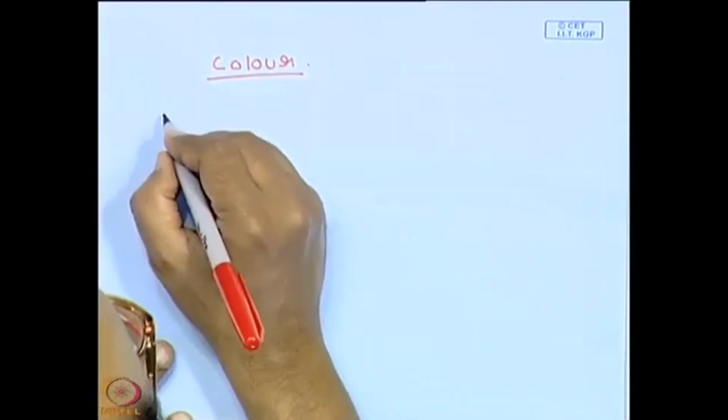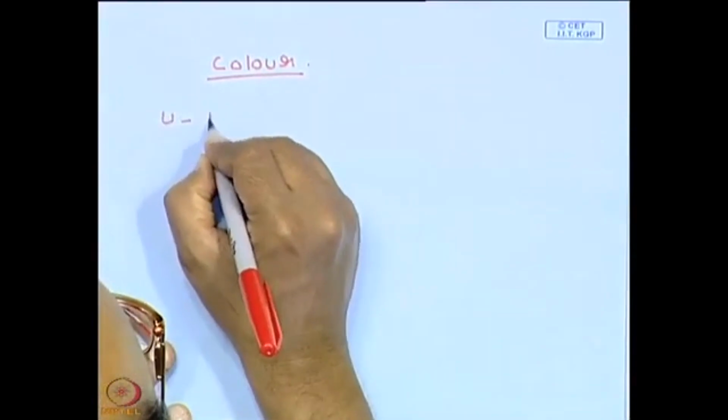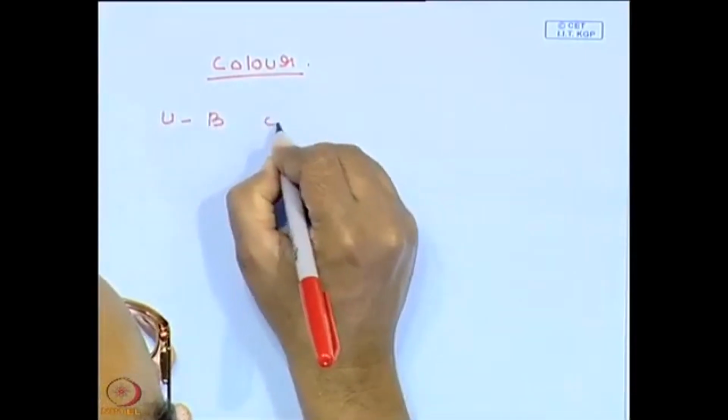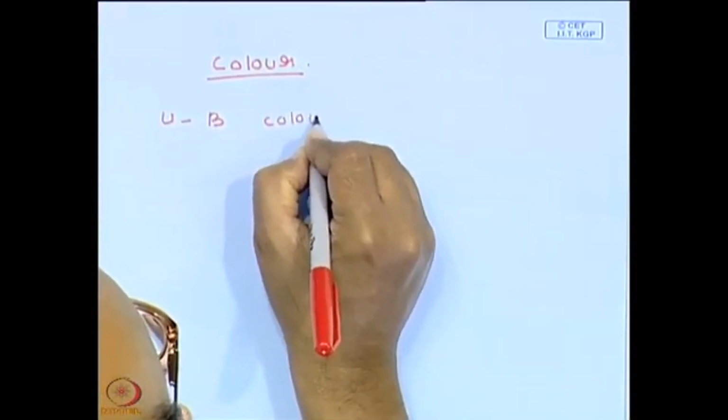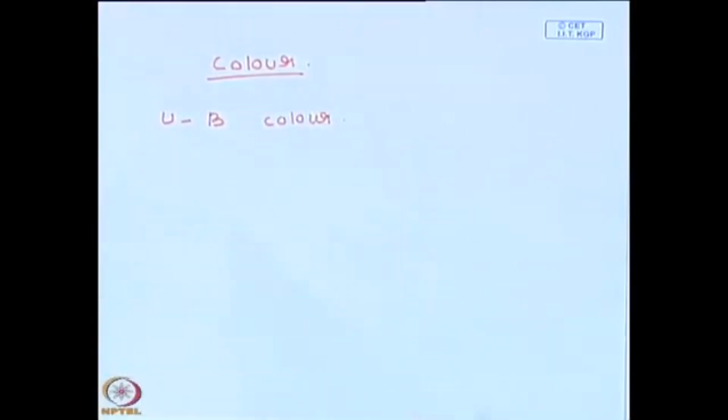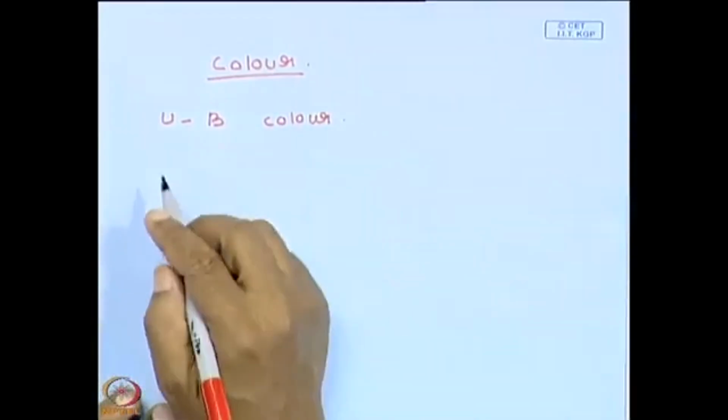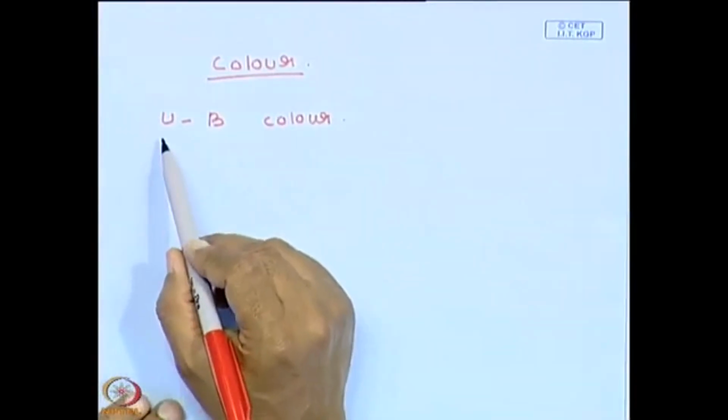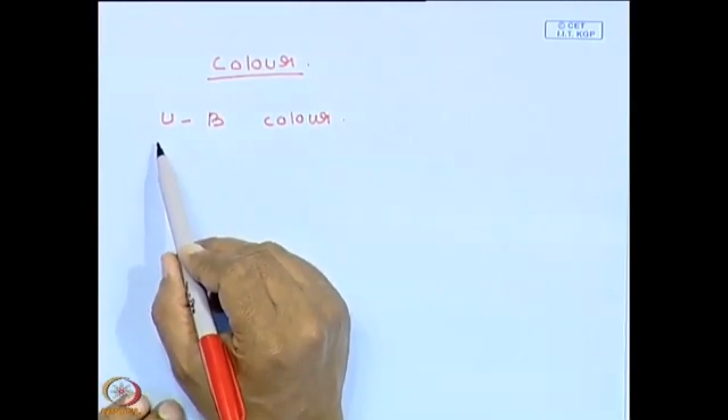And you can have different kinds of colors. So, you could have a U minus B color. So, what is the U minus B color? It is the difference in the apparent magnitude in the U band and the B band.